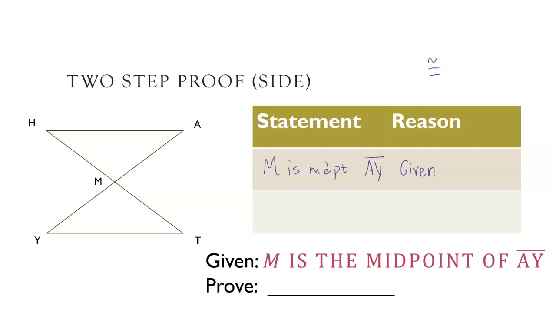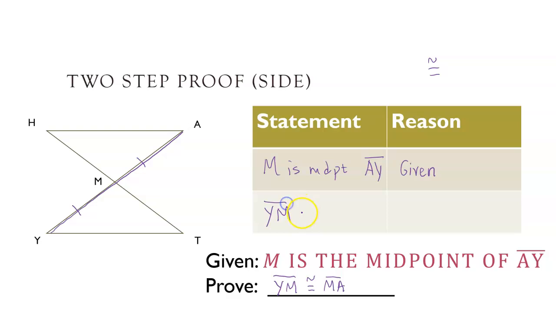What we can prove, because M is the midpoint of AY, is that YM is congruent to MA. We can only show that because we know that M is exactly in between Y and A by the definition of midpoint. So YM is congruent to MA, and so we can write that as our second statement.